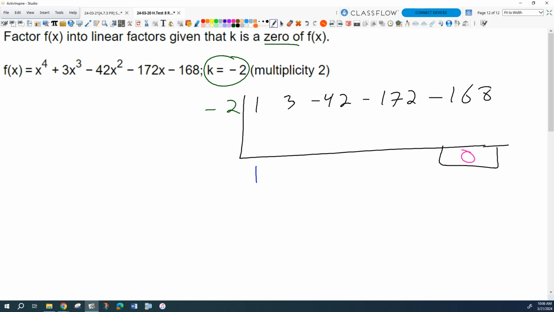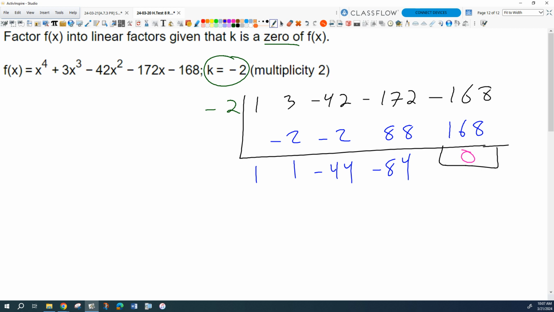So 1, -2, 1, -2, -44, 88. which gives us what? That's going to be 7. What is it? 84? Yeah, 84. -84. And then we get +168, and those add to 0. Good. So now what?